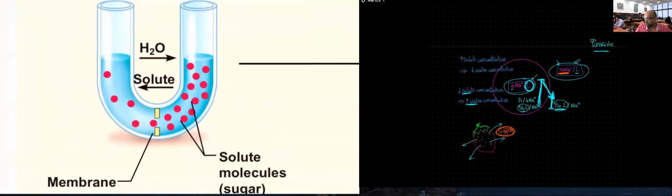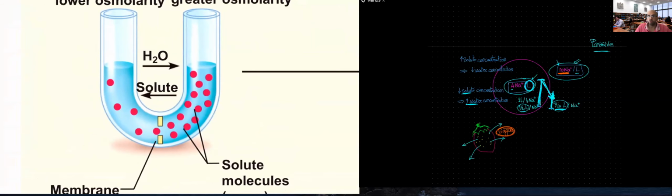This membrane, you see on here, I've got a tube, has two sides. This side has a higher solute concentration compared to this side. So what's going to happen? If the membrane is permeable for the solute, the solute is going to travel by diffusion from high concentration to low concentration.